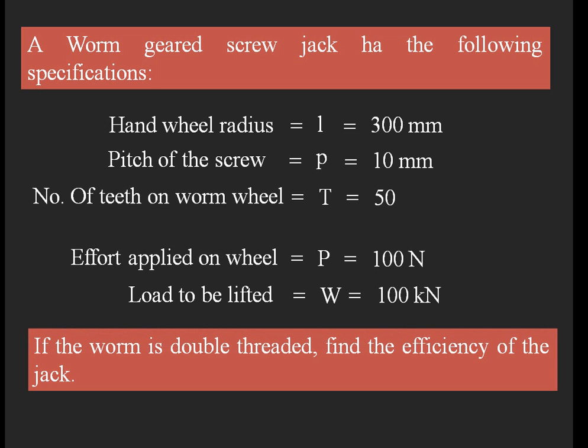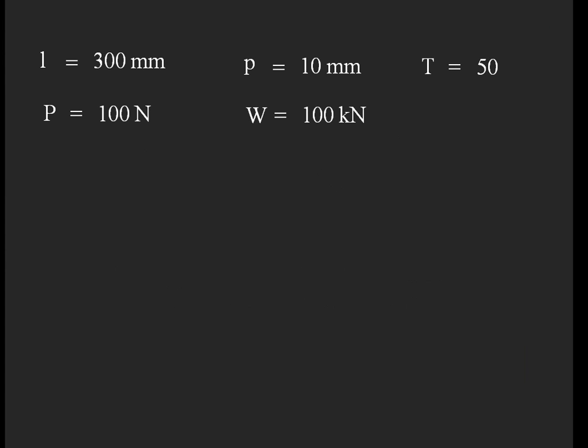Okay, with this information, if the worm is double threaded, find the efficiency of the jack. We need to find the efficiency for the double threaded or double start worm and worm wheel. So write the same data given.